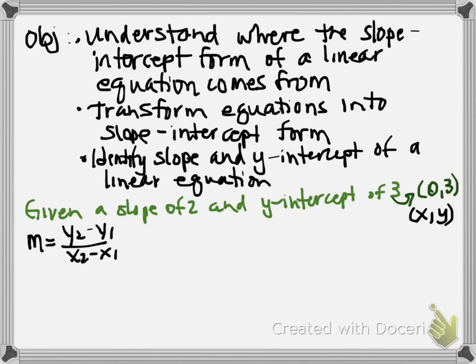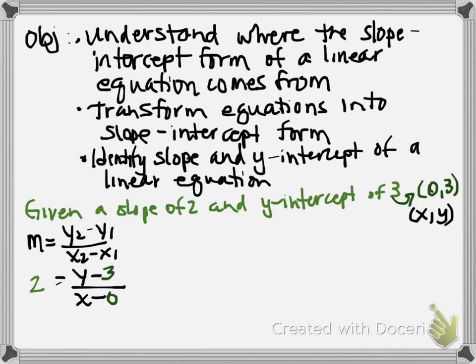All right. So going on from here, we know that the slope is 2. Our first ordered pair is going to be that x and y, so I'm going to put them in the front. The second ordered pair is going to be our y-intercept. So the y was a 3 and the x was a 0.